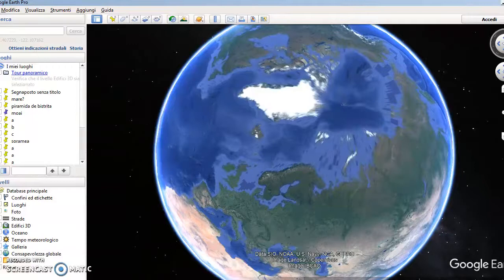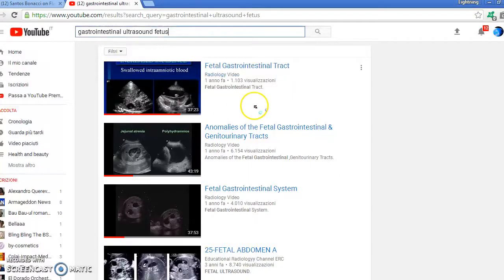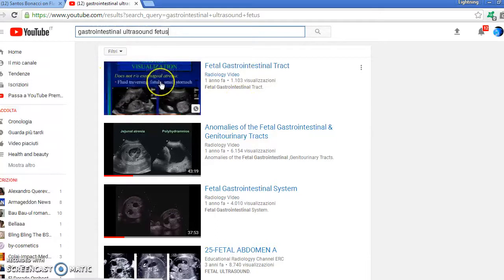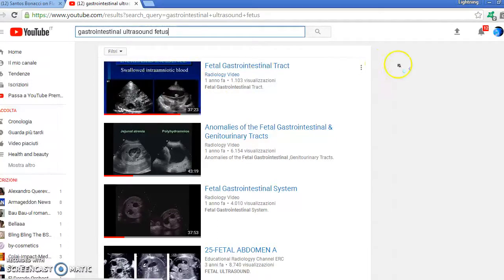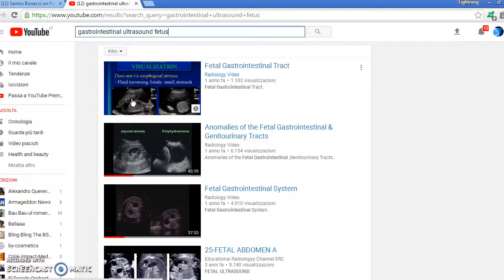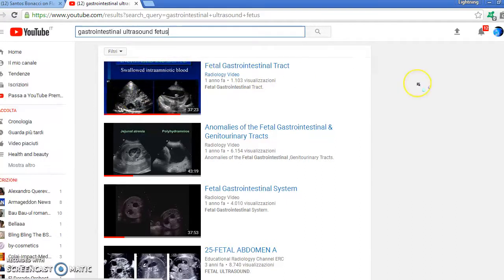Now here in this video, a fetal gastrointestinal tract made by radiology videos made by doctors, we can see with the help of ultrasound the internal organs, and believe me, they seem like earth.